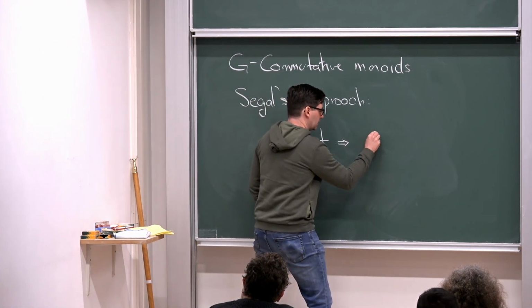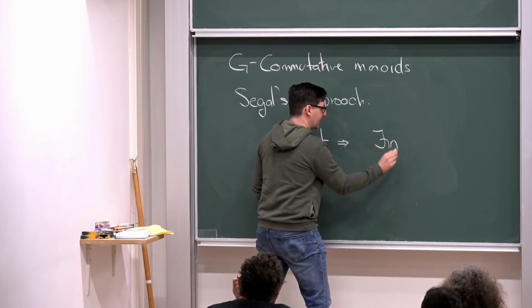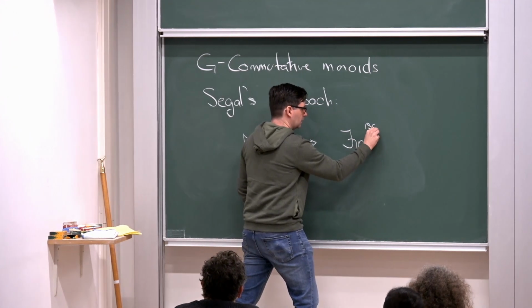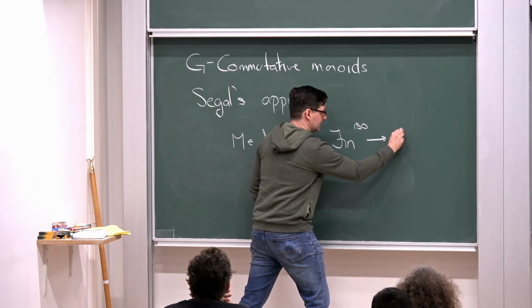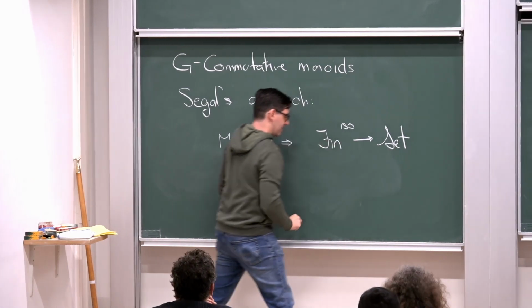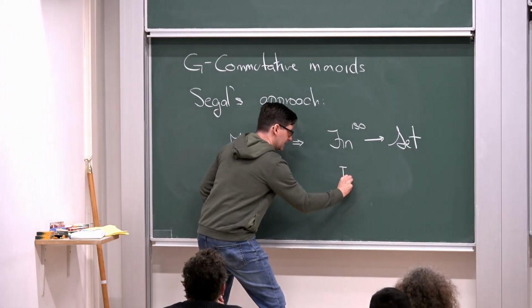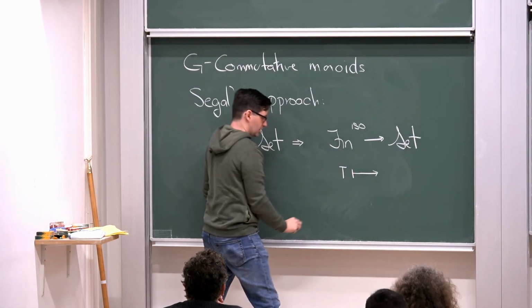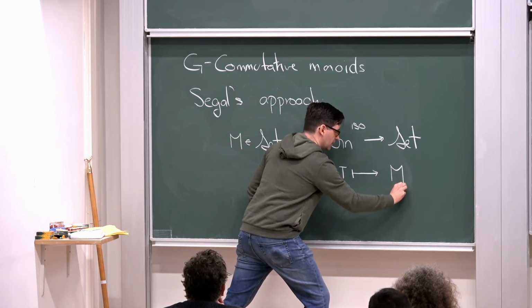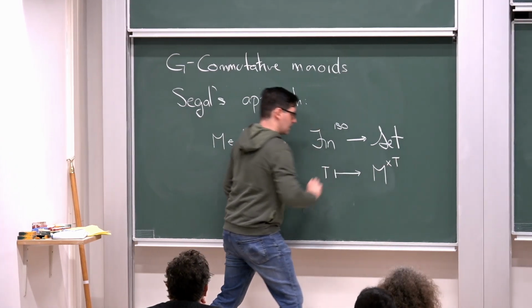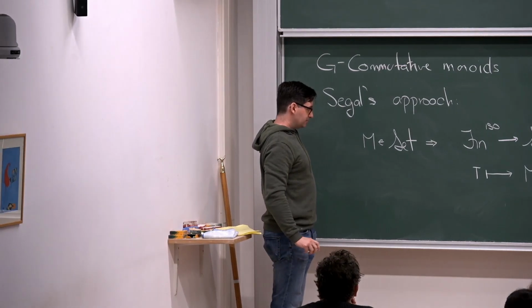I get a functor from finite sets and isos into Set. And this takes a finite set T to just the T-fold Cartesian power of my object M.